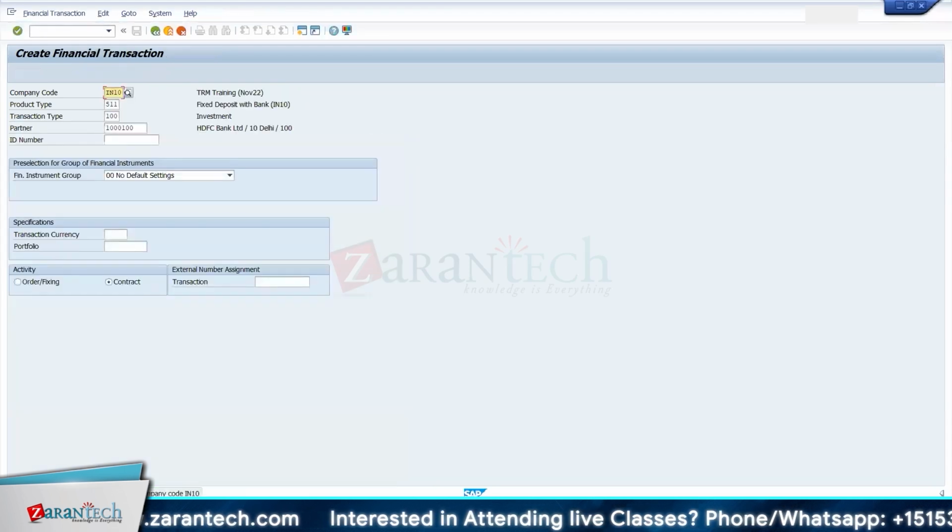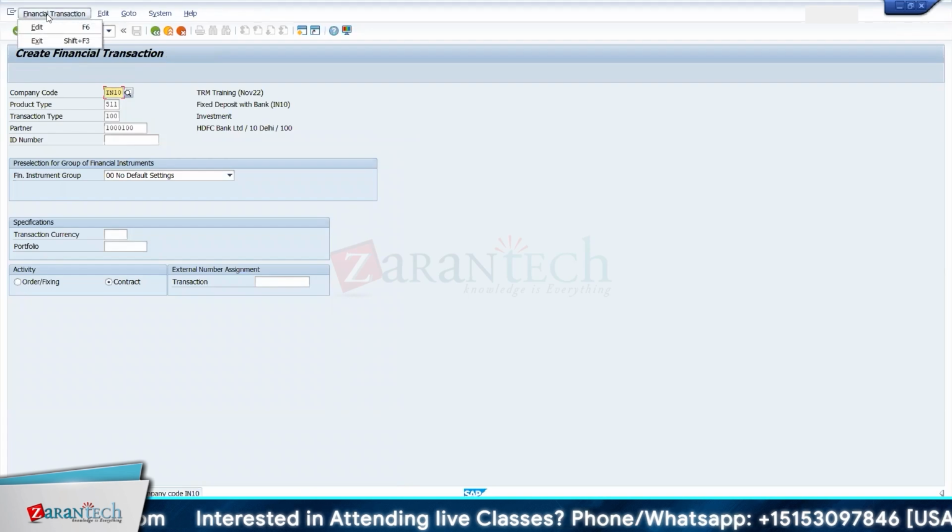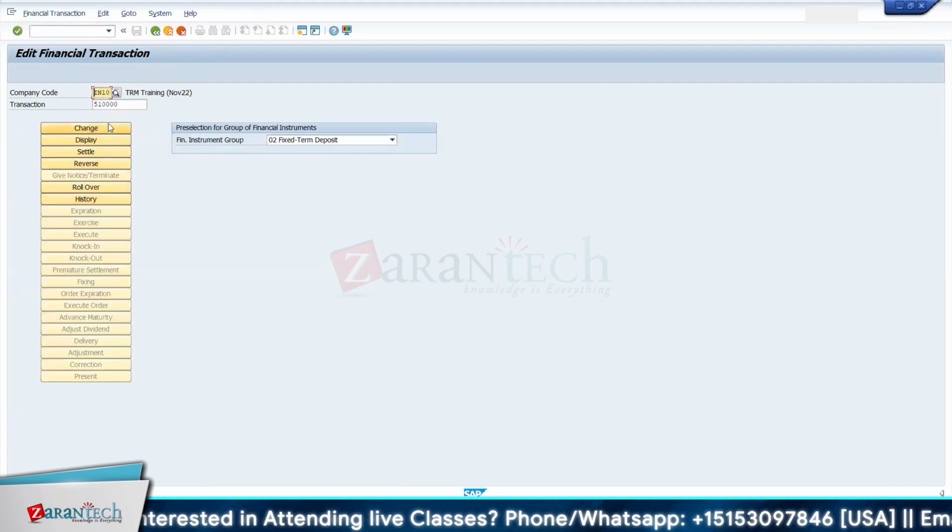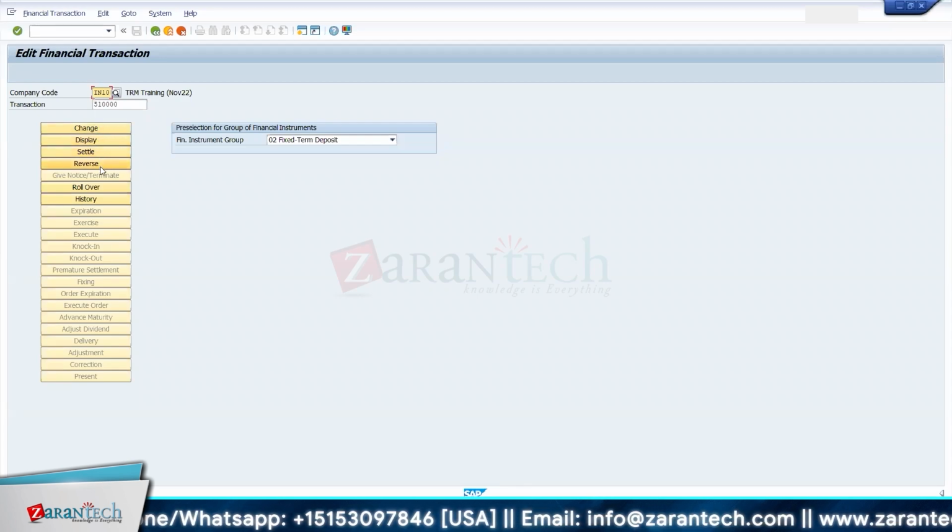So this is the deal the system has created. Now if you go to edit, you can see we have so many options. I can change, display, settle, reverse, rollover, all these different activities I can do here.